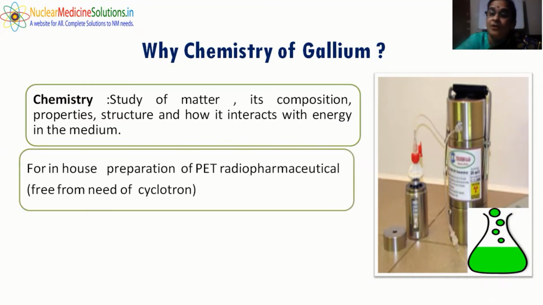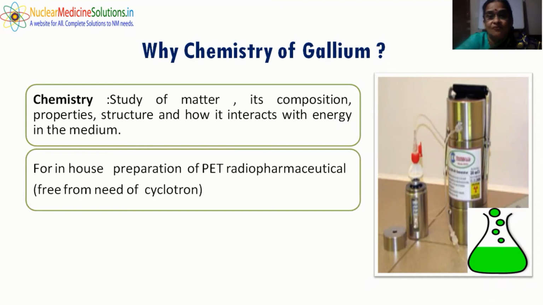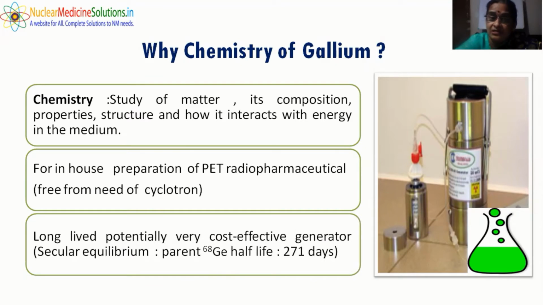Now here, because we can prepare the PET radiopharmaceuticals in-house, the gallium-68, as you know, is a short-lived radioisotope, and we can see a potential workhorse PET radionuclide in this gallium-68 because we become free from the need of a cyclotron, and we can depend on the cost-effective generator, its parent being germanium-68, whose half-life is as long as 271 days, and so a secular equilibrium is followed, and we can get this gallium-68 of just a short half-life of 68 minutes.